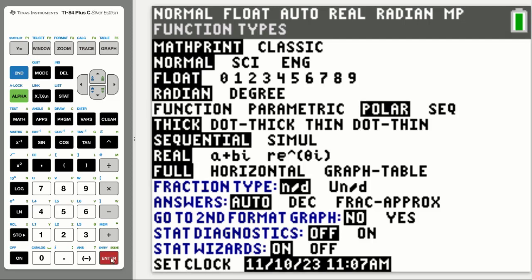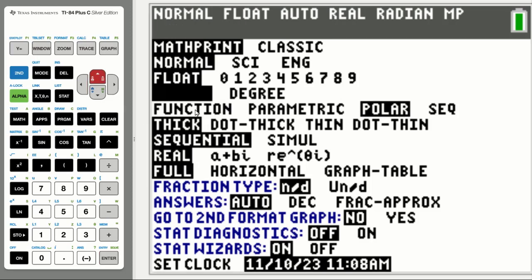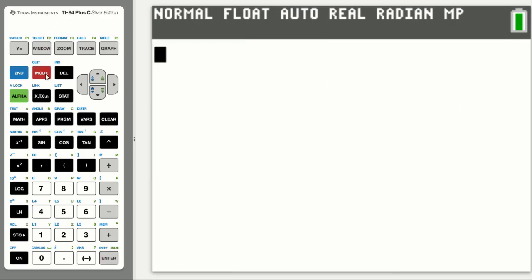Hit enter, and we need to keep our calculators in radians. The calculator I use is currently in radians. Hit enter one more time to make sure, and we can get out of the settings. Now we are ready for getting the graph of a polar equation.